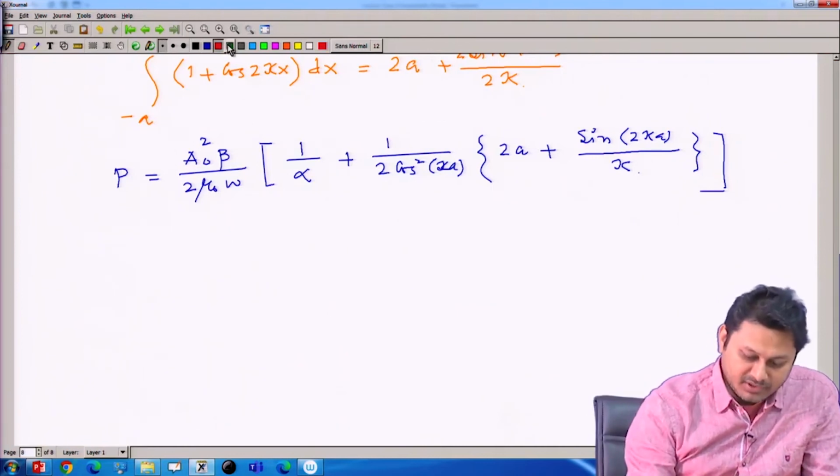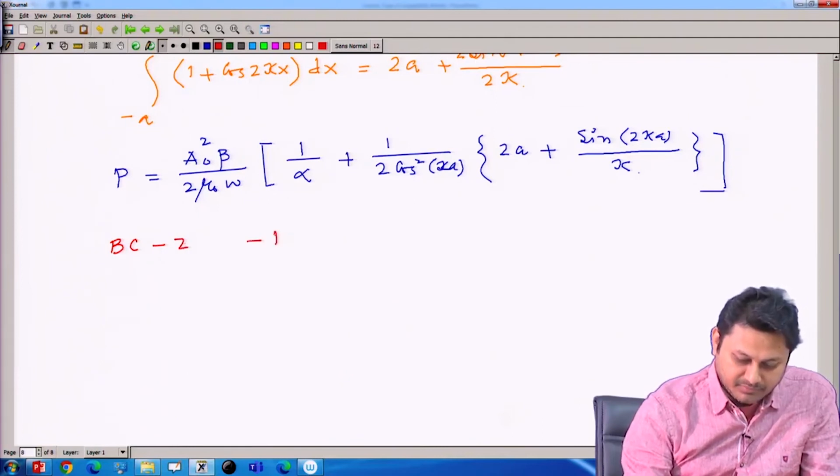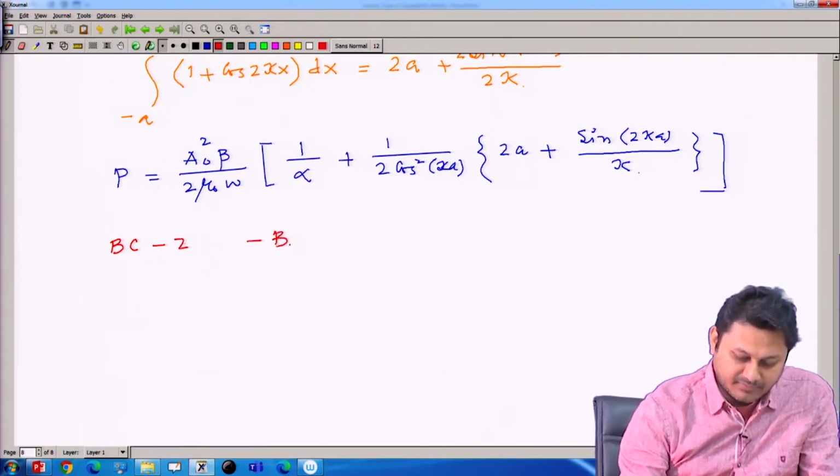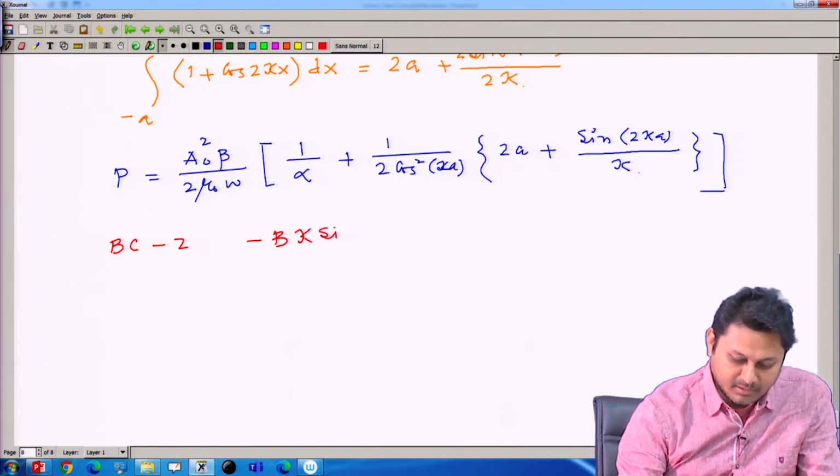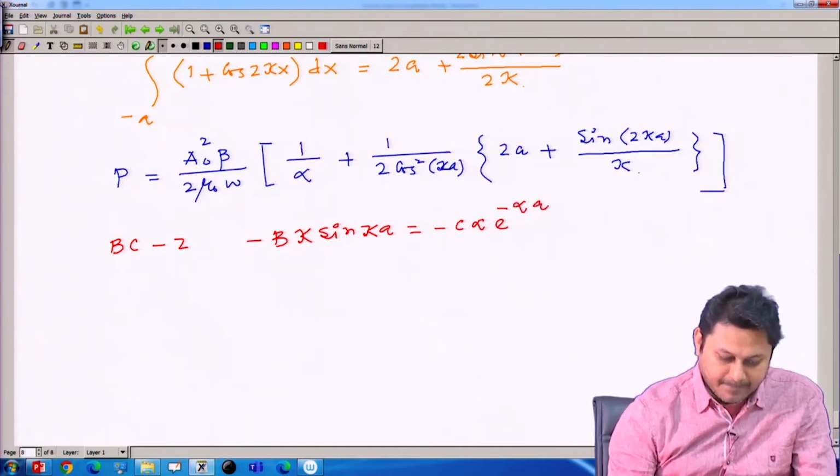So, my boundary condition 2 suggests, BC 2 suggests minus of B, the derivative of is continuous. So, minus of B sin kappa a is equal to minus of C alpha e to the power of minus alpha a.